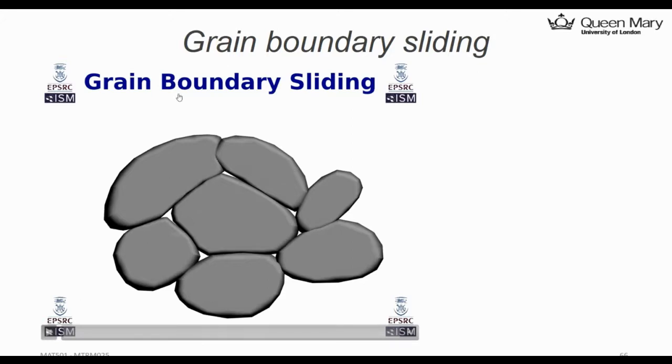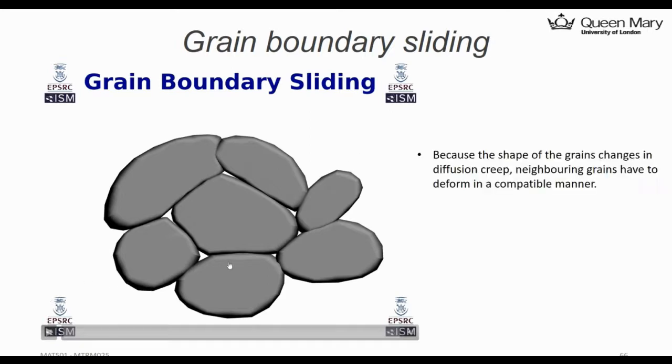So this is called grain boundary sliding. You have the grain boundary between the grains, and because the shape of the grains changes, through diffusion creep or dislocation creep, the neighboring grains have to deform in a compatible manner, otherwise it's not force equilibrium.